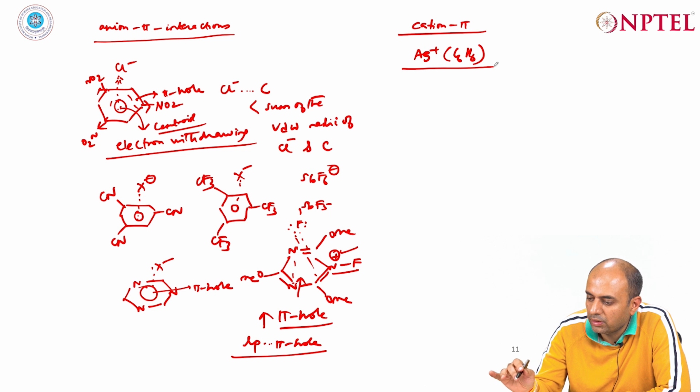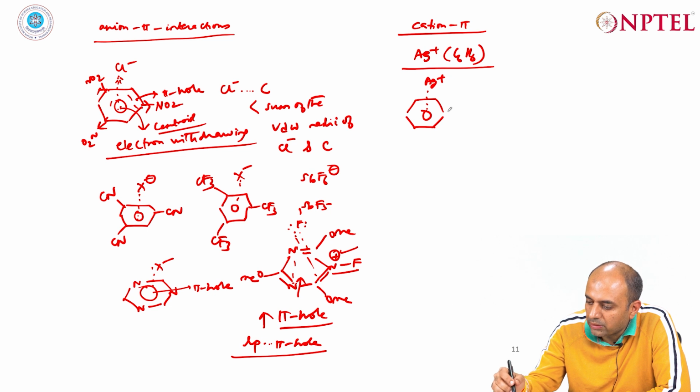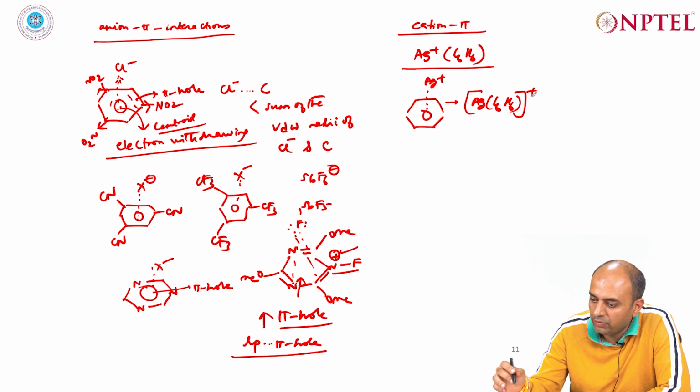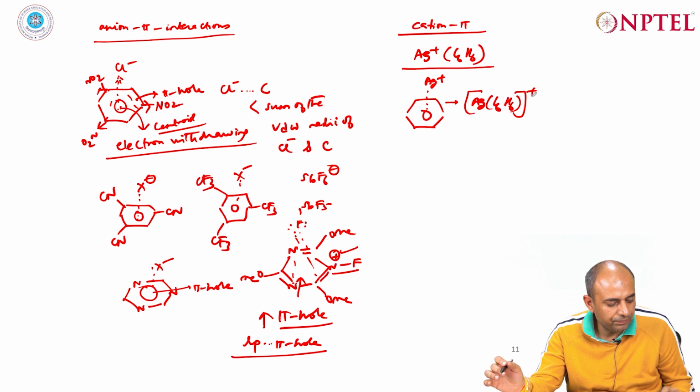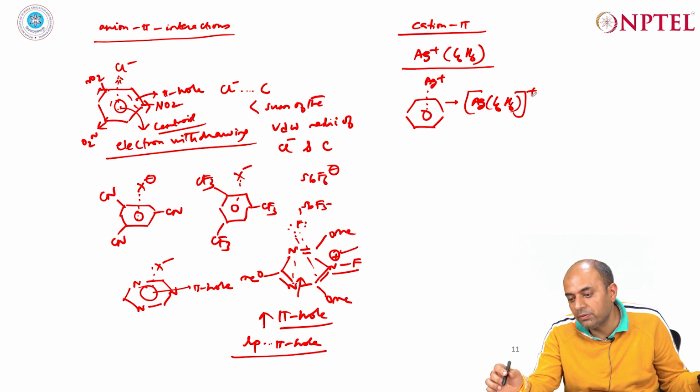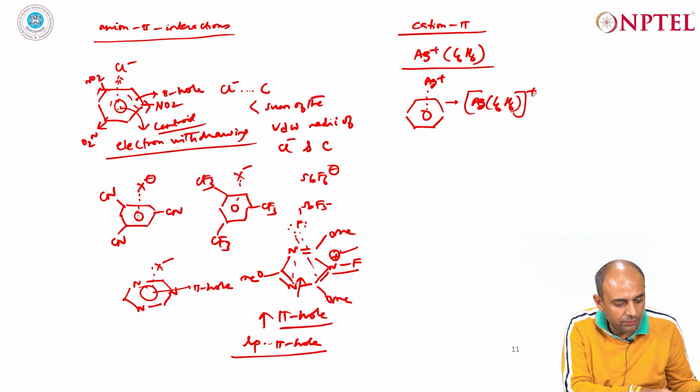Benzene forms this interesting complex where you have a benzene nucleus and you bring a silver ion in its vicinity, and the silver ion tends to now polarize the electron density distribution of the benzene nucleus, and there is a covalent association where benzene forms complexes to form this particular species. So, this is a first classical example of a cation pi interaction, where you have interaction between the silver ion and the benzene nucleus.